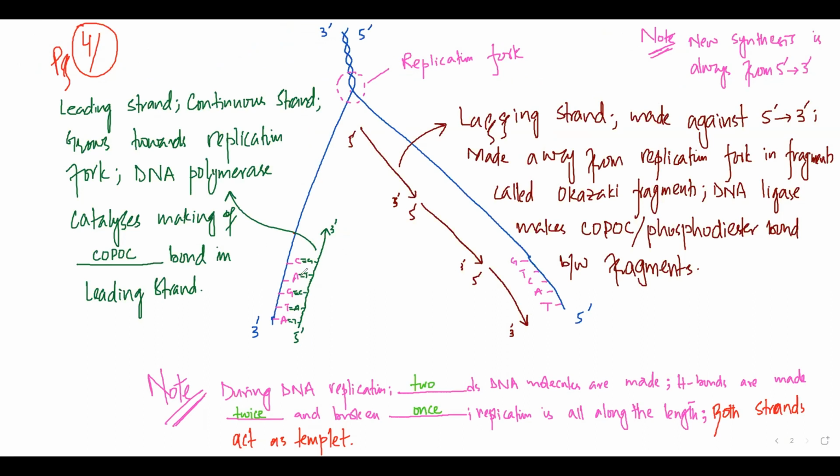DNA polymerase helps make phosphodiester bonds in the leading strand, and DNA ligase helps make them in the lagging strand. Leading is also called continuous, and it grows towards the replication fork, and it grows 5' to 3'. Lagging is discontinuous. It's away from the replication fork, and obviously this is made against 5' to 3'.